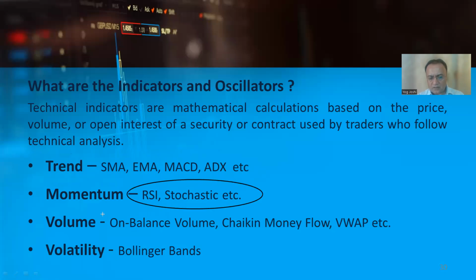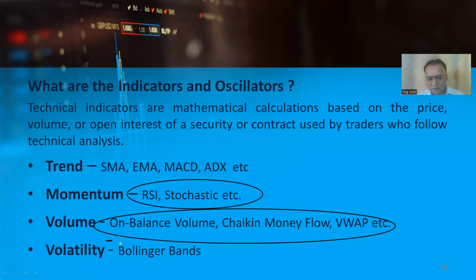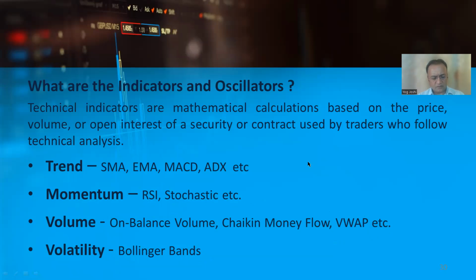These identify the volume; if you are following the volume, I am not following volume. And this is the Bollinger Band, the best indicator to identify volatility. So if you use these 4 types of indicators, it's enough. Don't confuse yourself by applying too many indicators on the chart.